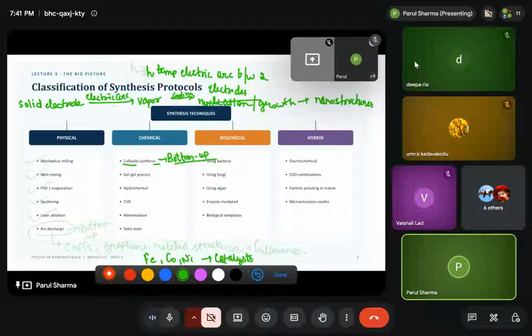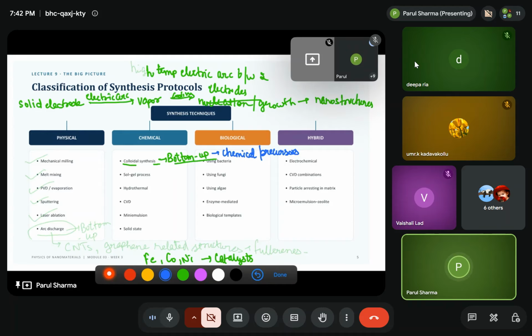In this technique we will use some chemical methods for producing nanoparticles. What is happening in this method? Atoms and molecules will be generated from chemical precursors. We will use some precursors in a liquid medium, and then it will undergo nucleation and grow to form nanoparticles that will remain dispersed in the liquid as a stable colloid.